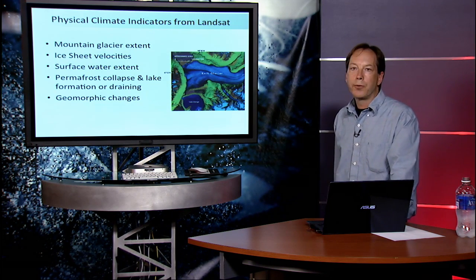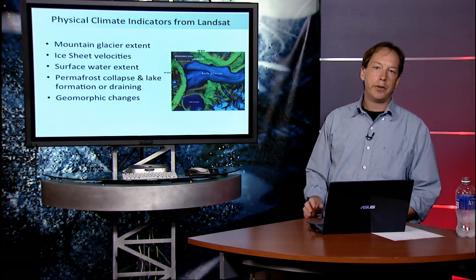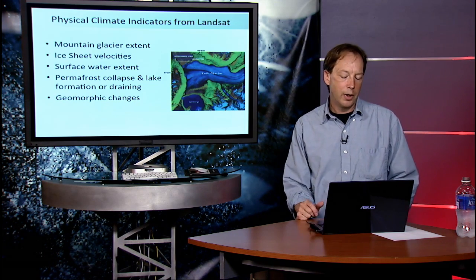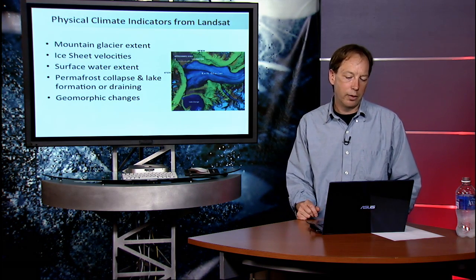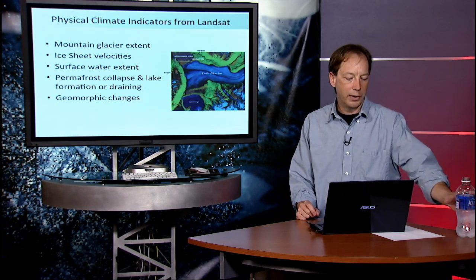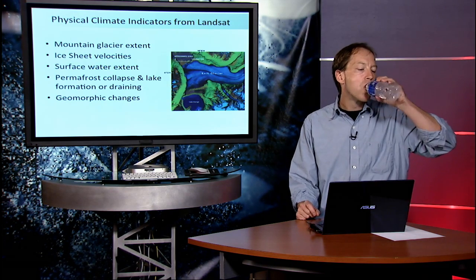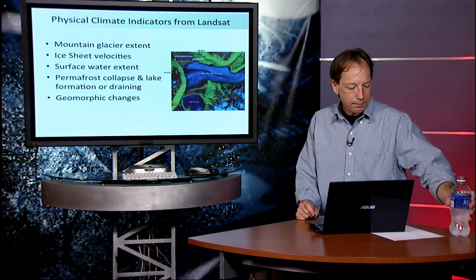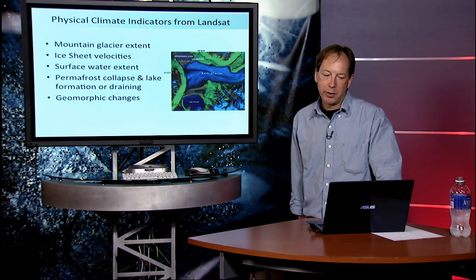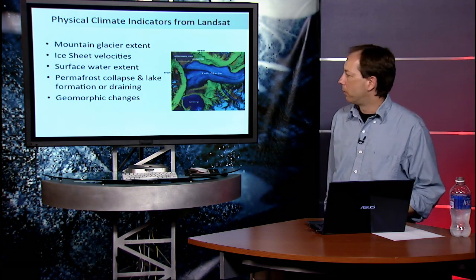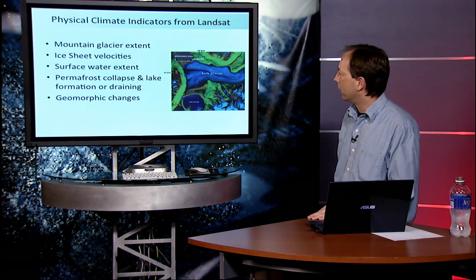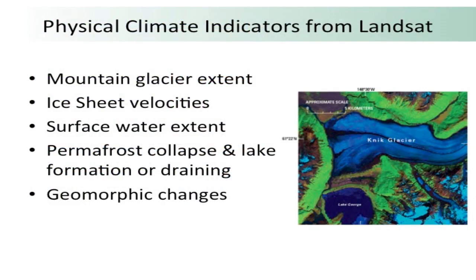Well, so far we've talked almost entirely about the biosphere, biological systems. I want to say a little bit at least about physical climate indicators that can be derived from Landsat. Now there are a variety of them, and there are literally hundreds, actually thousands of papers published on these types of topics. But some of them are listed here.